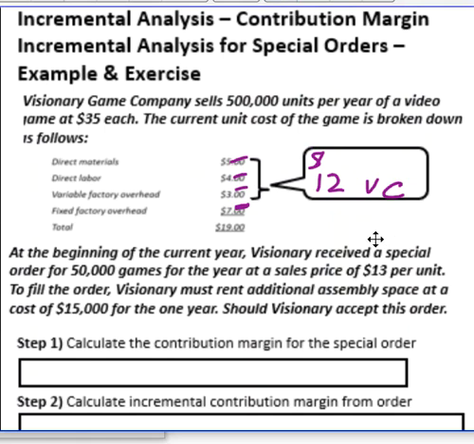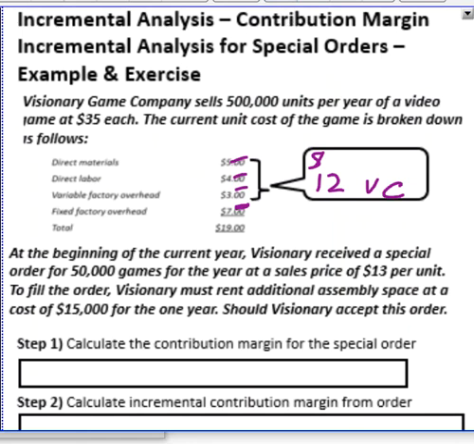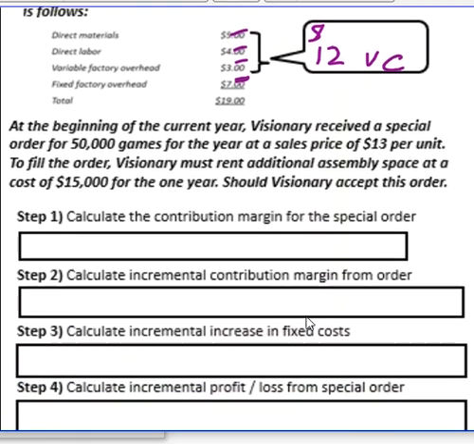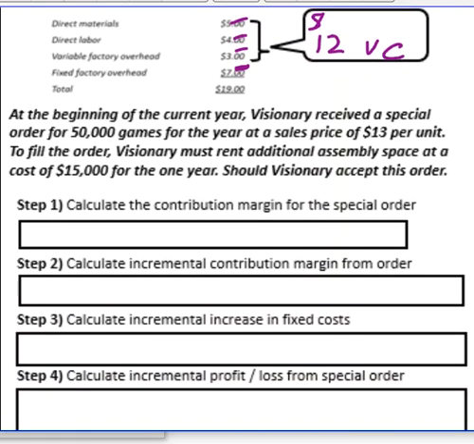So we're going to have to go through the Visionary calculations right here. Okay, the first thing we want to do is calculate the contribution margin for the special order.